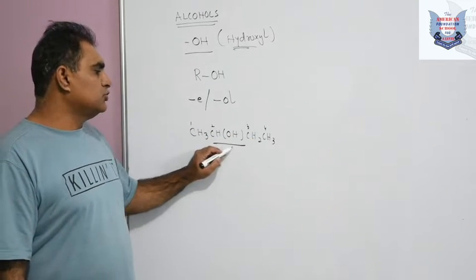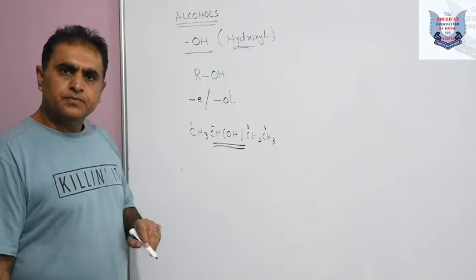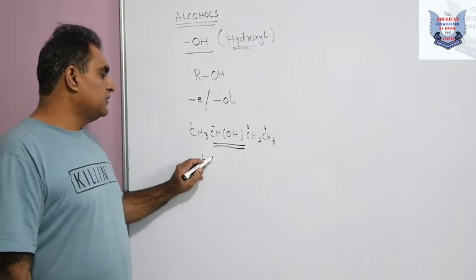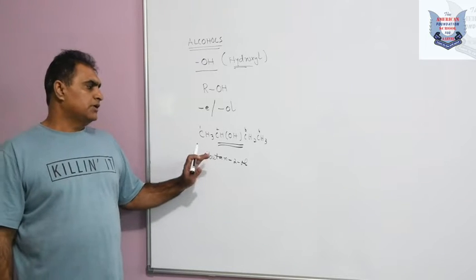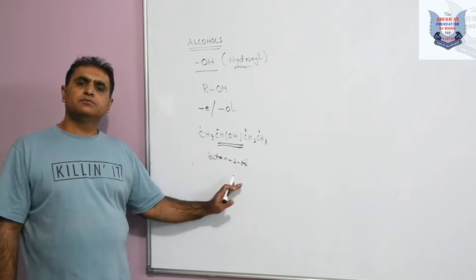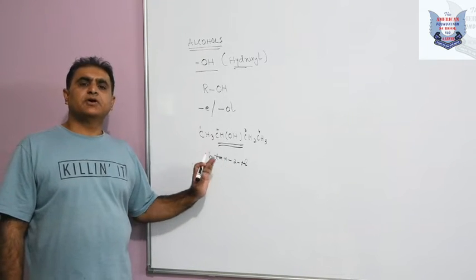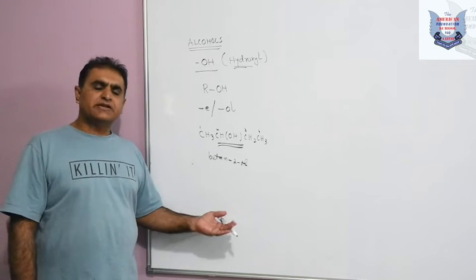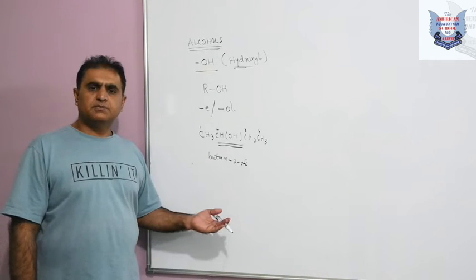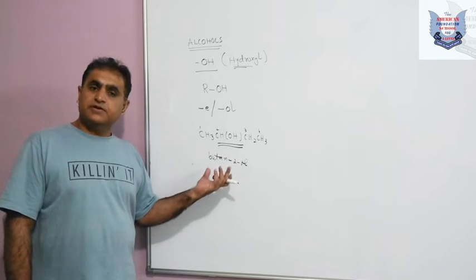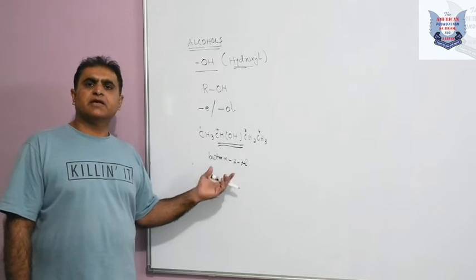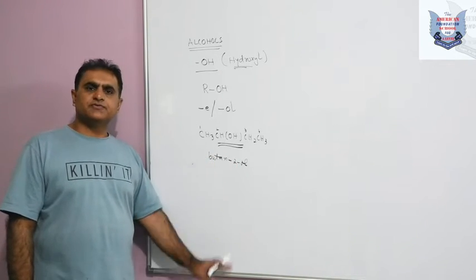Carbon number 2 contains the OH group. So, this compound is butane, and the last E is replaced: this is butan-2-ol. It is the name of an organic compound. So, you should practice naming organic compounds, and how to give the name of the alcohol family. I gave an example to you. Definitely, you should follow this example.